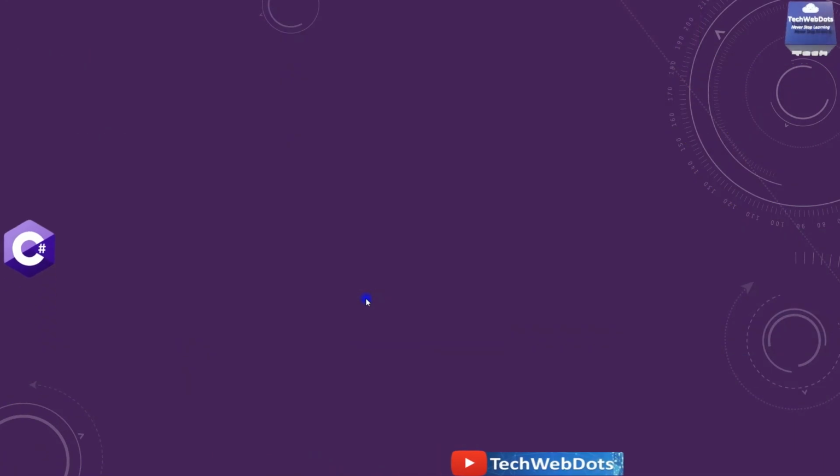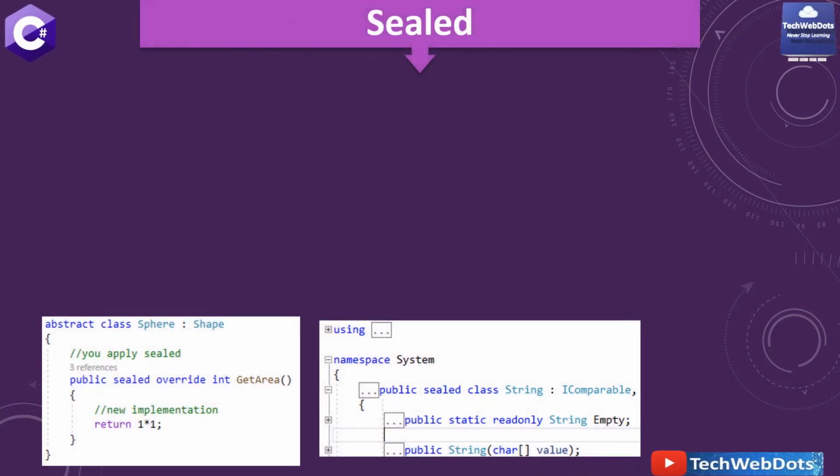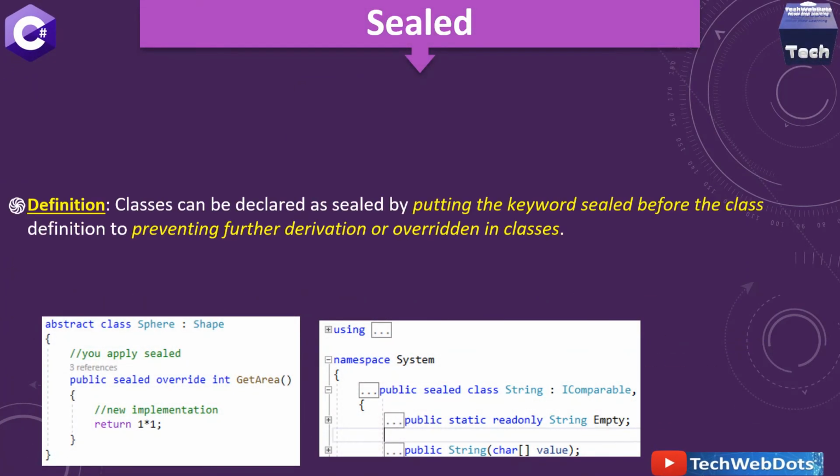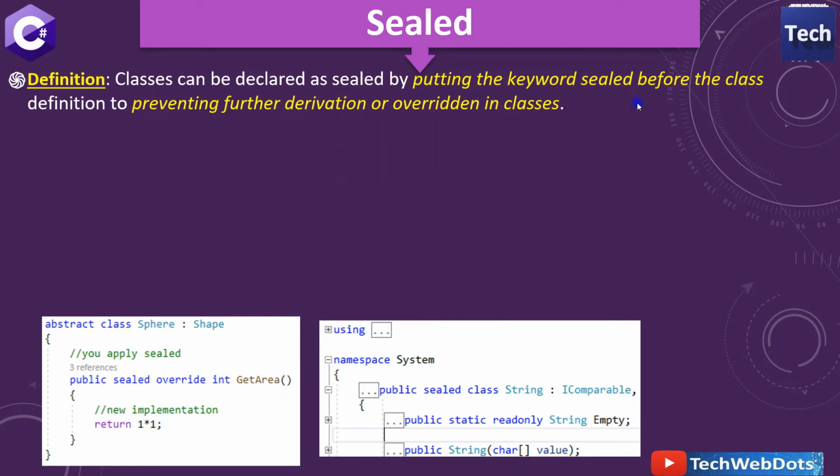Let's move ahead to discuss another important class type which is the sealed class type. Okay, so let's go by definition first. Classes can be declared as sealed by putting the keyword sealed before the class definition to prevent further derivation or overriding in the class. As you can see, we can provide new implementation to the base class, but if we apply sealed, no one can override the features of the base class.